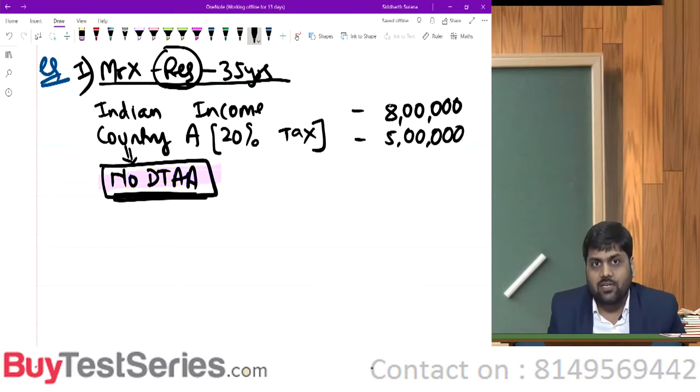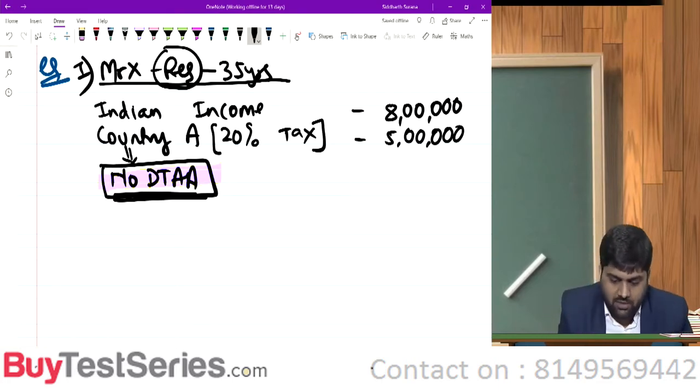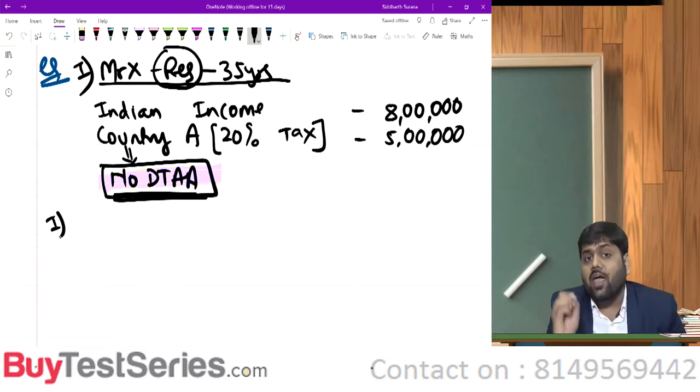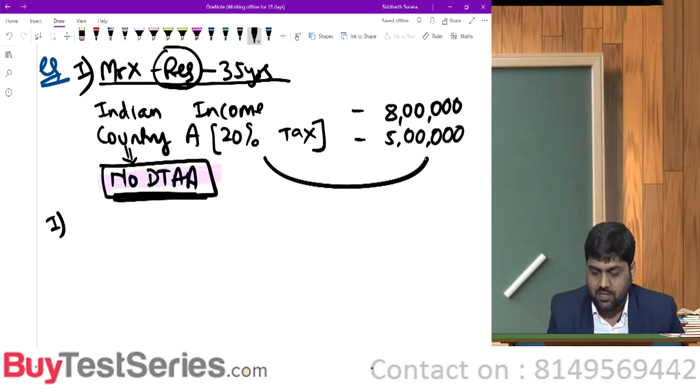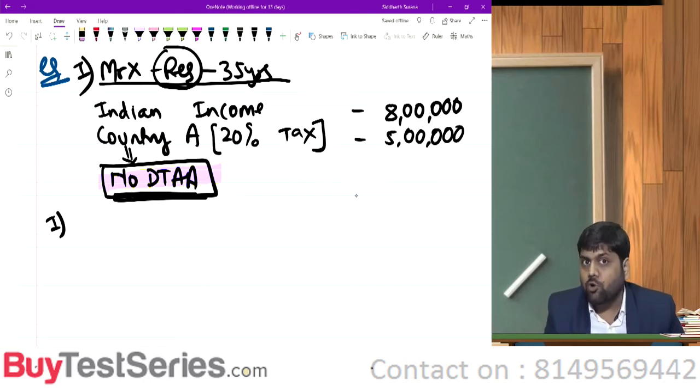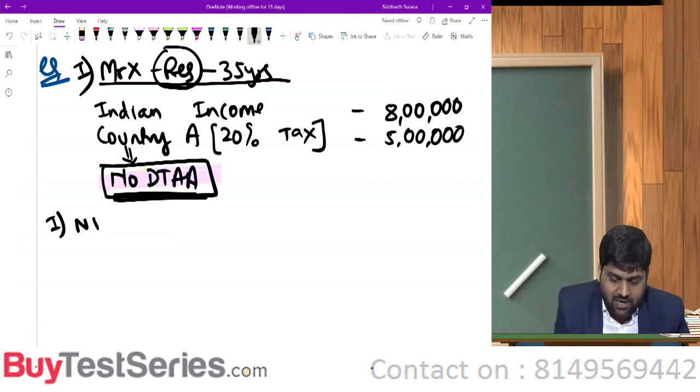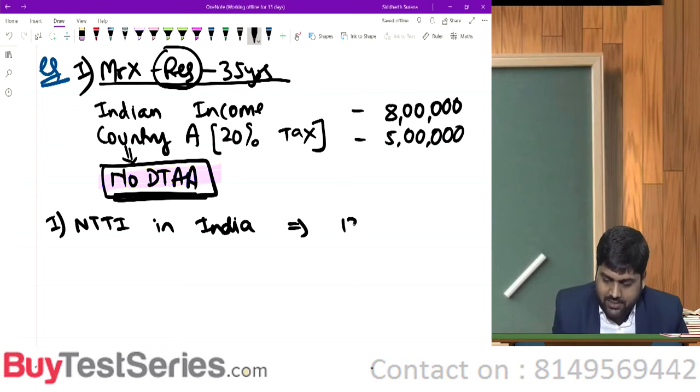How are we going to calculate? Let's see the steps also, because logic is important, but we have to solve it also. First step: foreign tax you can do in one calculation, which is going to be very easy. You also have to calculate Indian tax. To do that, you will first have to calculate your net taxable total income in India, which in our example will come to rupees 13 lakh.